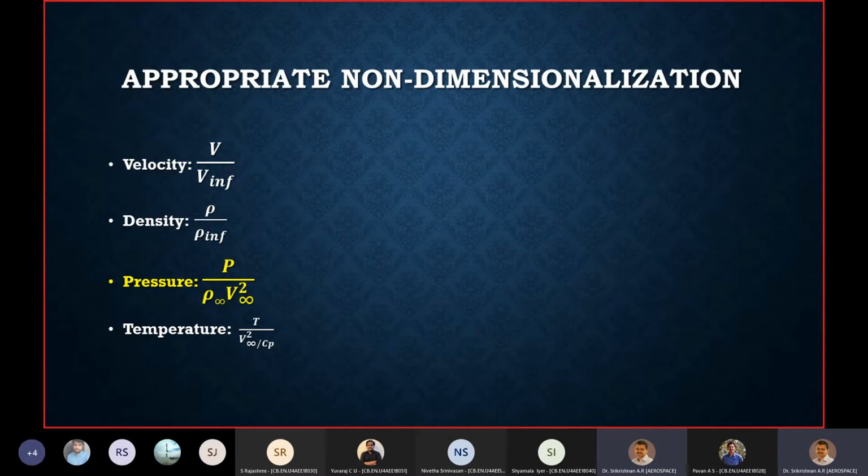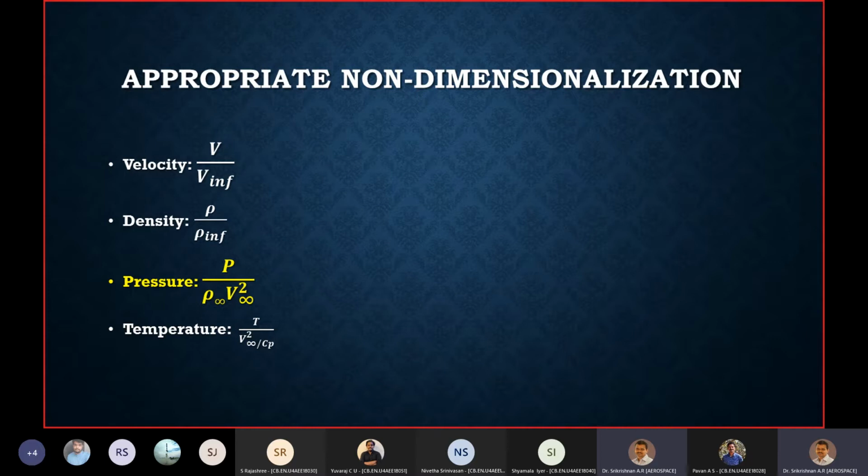So P by rho V squared, rho V squared has the same unit as pressure, we know. So rho infinity V infinity squared, that is what is used for non-dimensionalizing P. Similarly, temperature is non-dimensionalized by V infinity squared by Cp. Please look at the relation between the two.